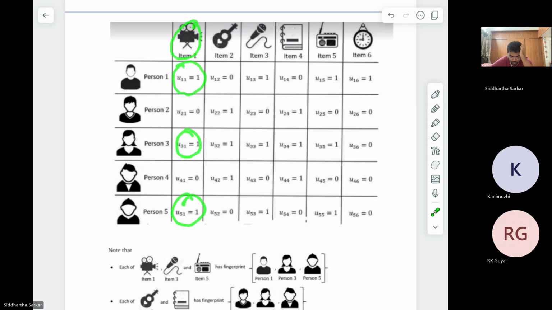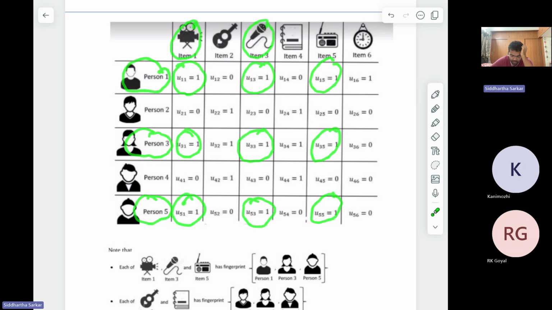On the other hand, item 3 is also liked by this same set of people. Item 5 is also liked by the same set of people. So if you give one item each to these three persons, then everybody will think that they have received an item of the same or more value than what the other person has received, because they value these three items equally.